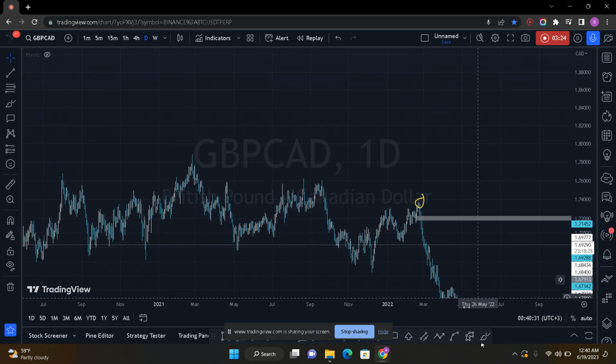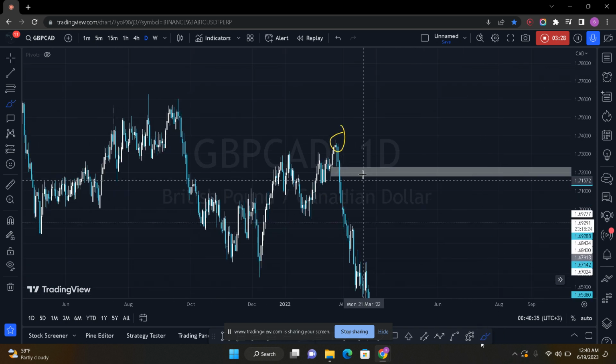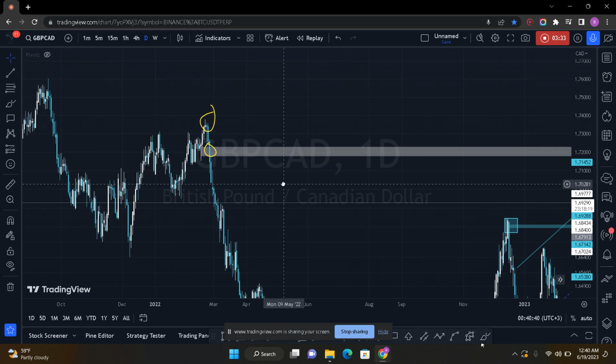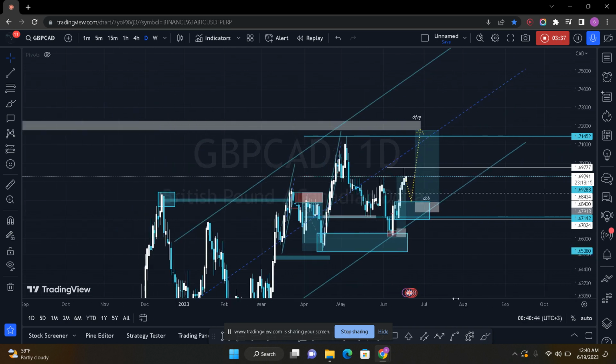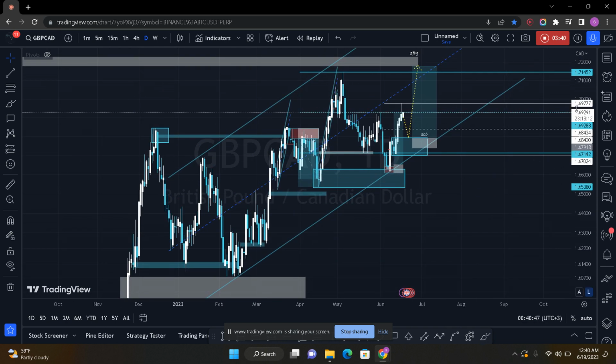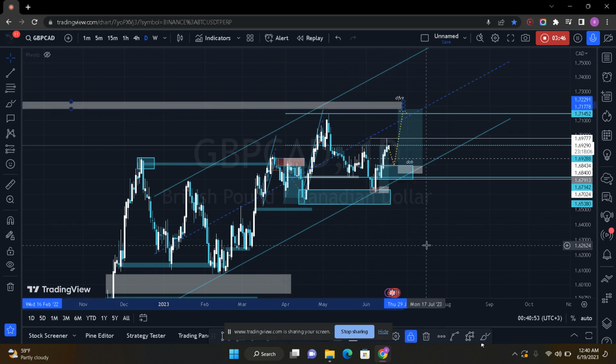Back to my point of interest, which is this gray zone right here. As you can see, there's an inefficiency right here, which is below my daily order block. So that inefficiency for me right now works as a target. My bias so far is that the price will continue to go higher until my first target, where I expect price to develop reversal price action, which is this zone.